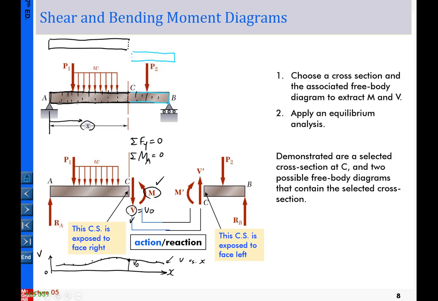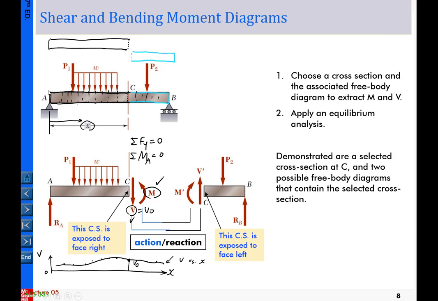Okay, in principle it is this way, and the same is repeated, sweeping the selected cross section throughout the whole beam, and you should be able to find out the bending diagram. Okay, so that is the principle here.